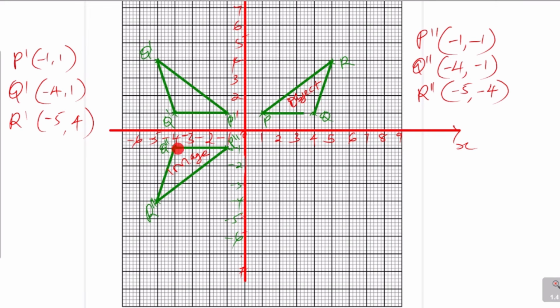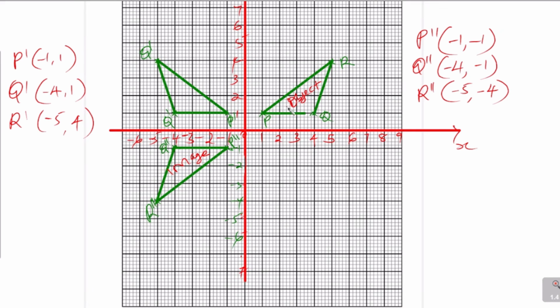That is rotation. For reflection, it may not work because of these points. Q has moved. So this is some sort of rotation.